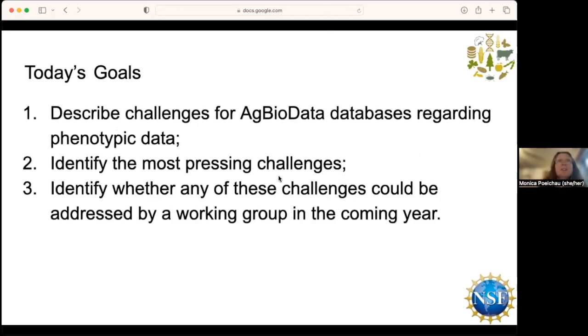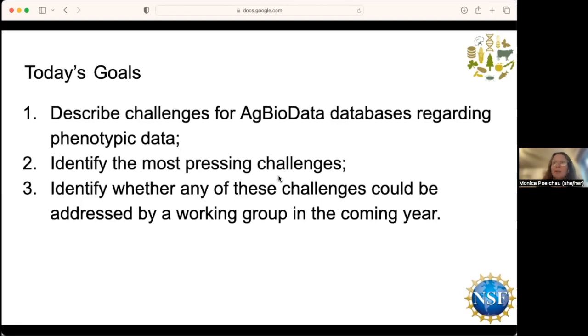Okay, so our goals today, first we want to describe challenges for AgBioData databases in regards to phenotypic data. I'm emphasizing databases because phenotypic data is broad and diverse, and there are lots of challenges associated with it. And we could probably spend years just discussing all of the different sorts of problems that one can have with it.